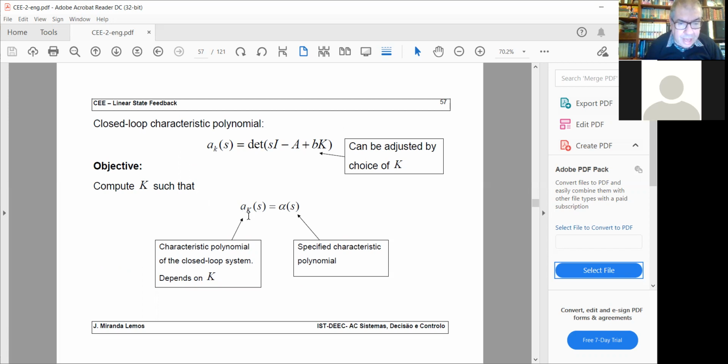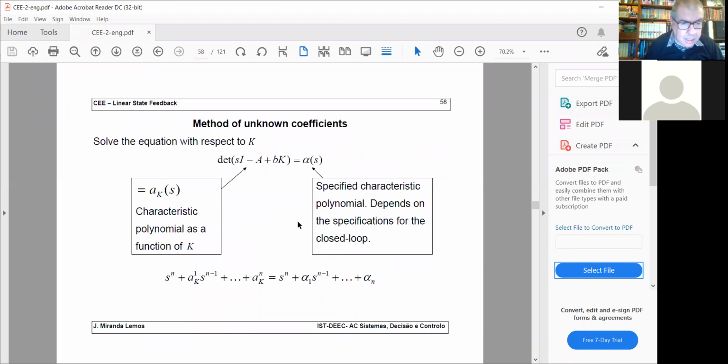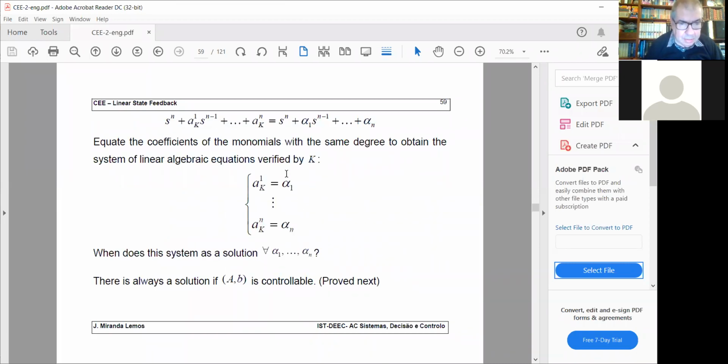If a_K of s is the characteristic polynomial of the closed loop, and alpha of s is your specified characteristic polynomial, you solve this equation by equating the corresponding coefficients of these two polynomials. And you get a system of equations on the entries of K. So you get something like this.